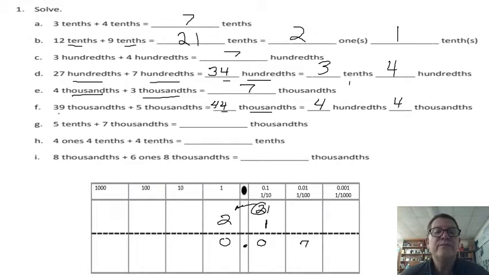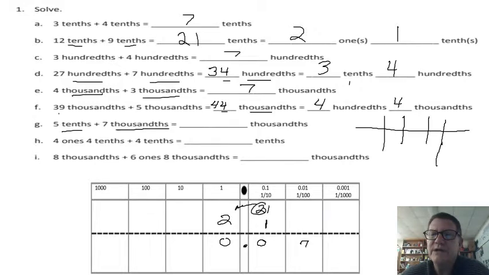On G, well, now we have tenths and thousandths. So we're not exactly doing apples to apples, but here's a real quick way when you're adding different place values. How about if we just come up with a place value chart here? And I'm going to extend it down because I'm going to use it for the next couple. And we know this is our ones, our decimal goes here.